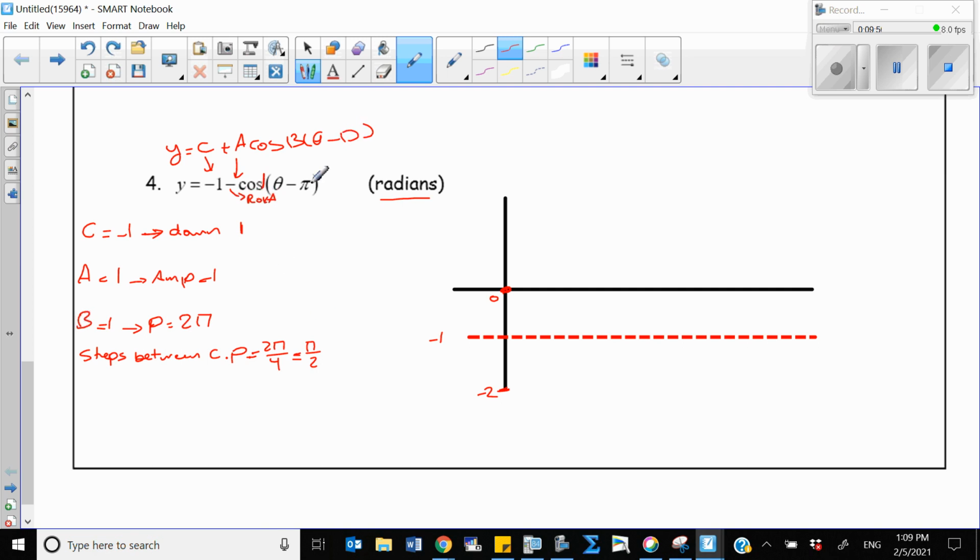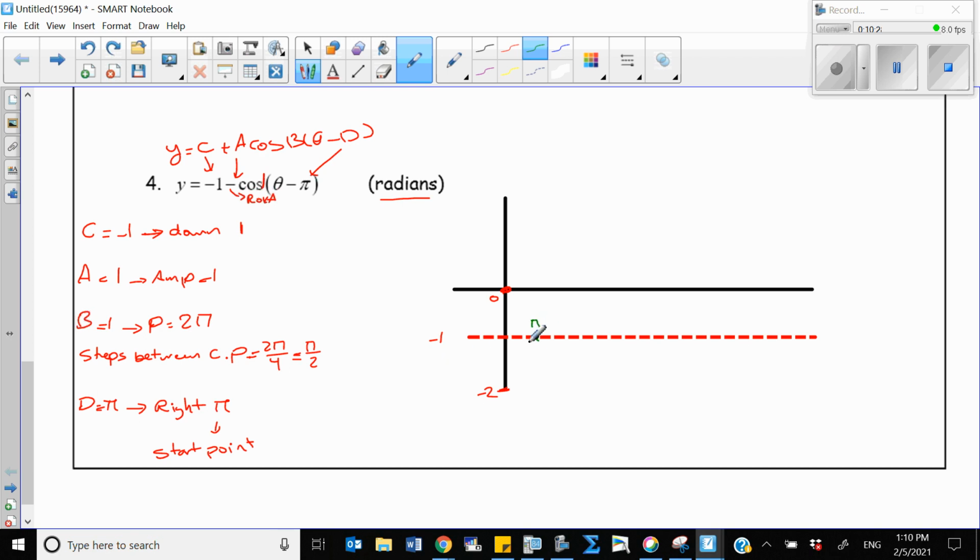And last, we have the d value, which is equal to pi. Because it's subtracting pi, we are moving right pi. So this is our start point. Now I'm going to start finding my critical points. We start with pi.